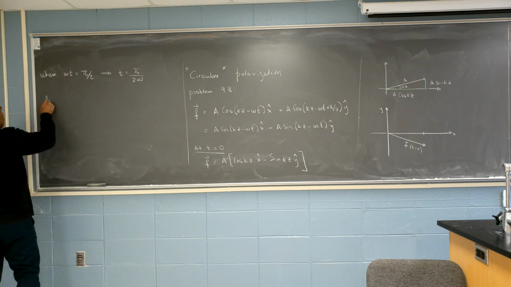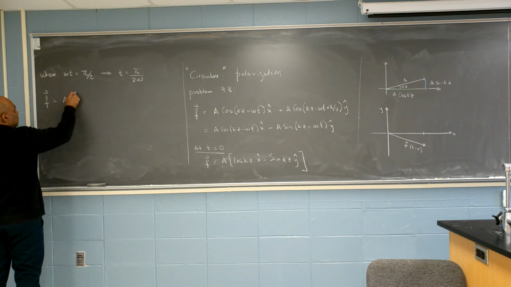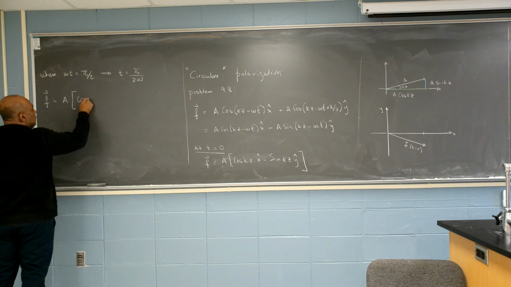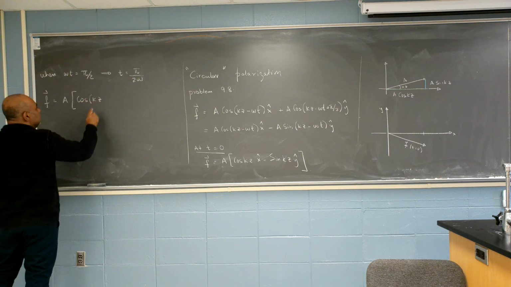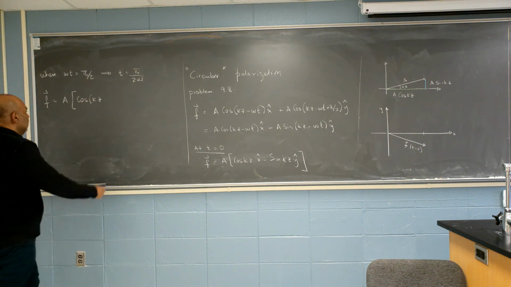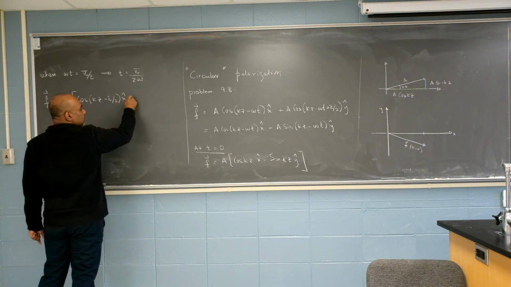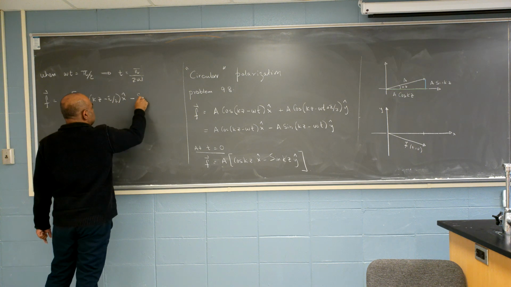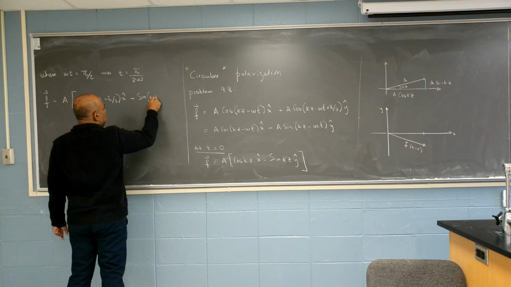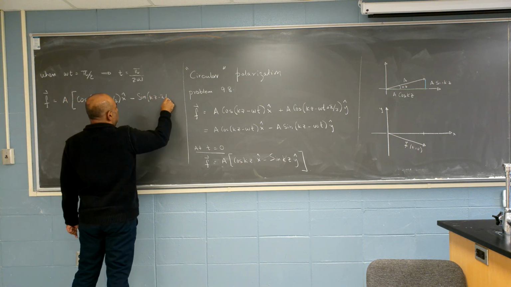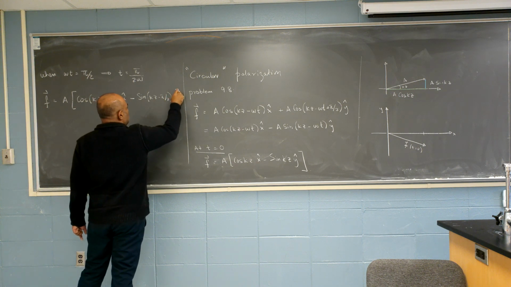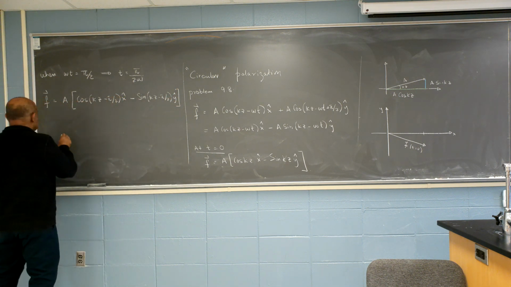At that point, we have cosine of kz minus pi over 2 x hat minus sine of kz minus pi over 2 y hat.